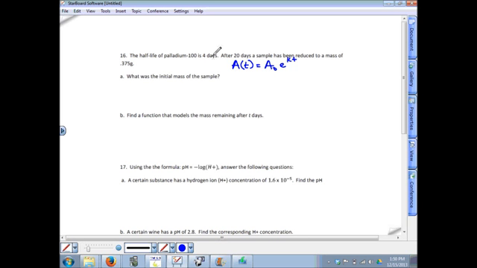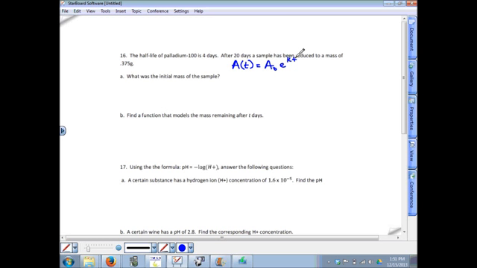We could use the fact that the half-life is 4 days. So regardless of the starting amount, after 4 days, half of that is going to be remaining. So we could set A sub 0 to be anything we want, and if we let the value of t be 4 days, then half of that is going to be remaining.